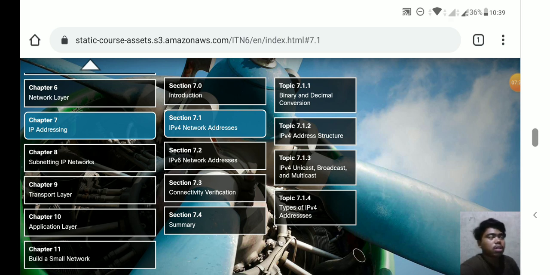And broadcast is a message sent to everyone in the LAN, the broadcast domain. The destination IPv4 address has all ones in the host portion. So multicast is one to a select group. Then public and private IPv4 addresses.